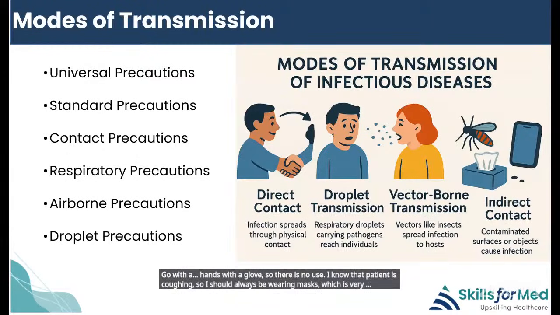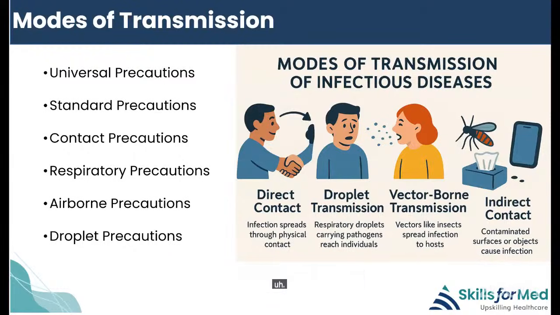As a practitioner, as a staff member, you should know what PPE is applicable for what procedure, and identify the type of PPE required for what precautions. If you're not wearing it, there can be a direct contact infection, a droplet transmission infection, a vector-borne transmission, or a direct or indirect infection from any object.